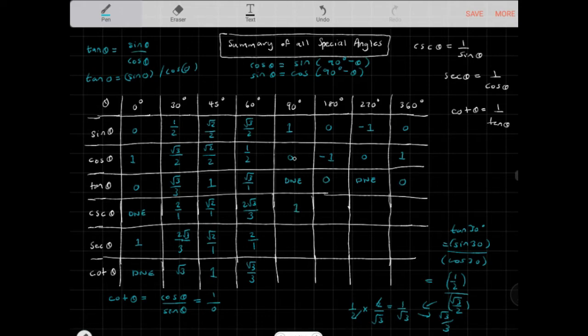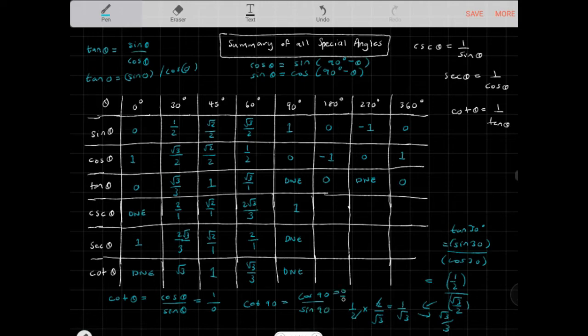Secant 90, on the other hand, we know that cosine 90 is 0, so it's 1 over 0, so it doesn't exist. Okay, and cotangent also doesn't exist, right? Oh, sorry guys, wait. So cotangent 90 is equal to cosine 90 over sine 90, right?